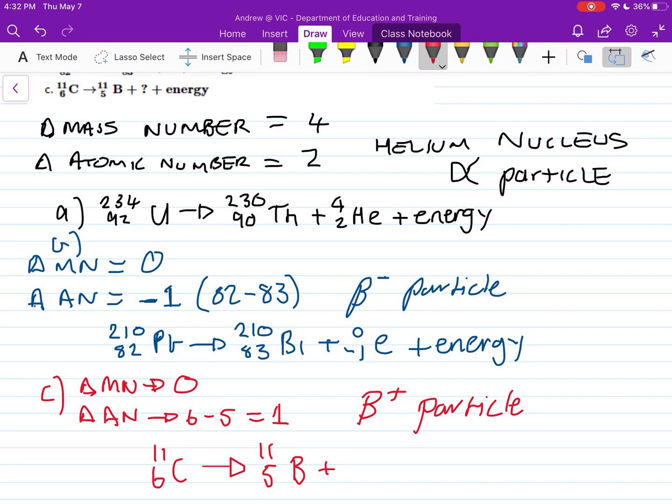Make sure, especially here, that you put positive 1 and 0 for the positron, plus energy.